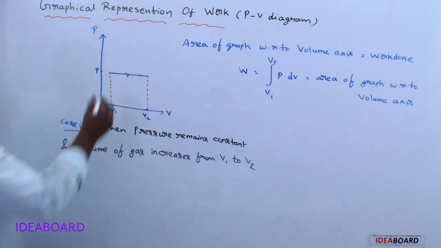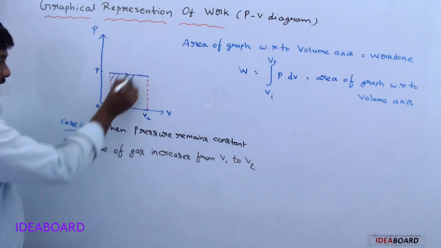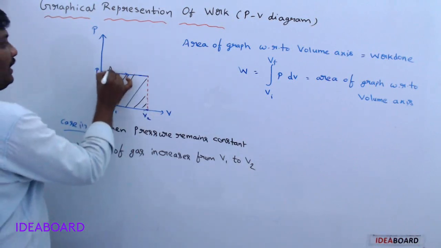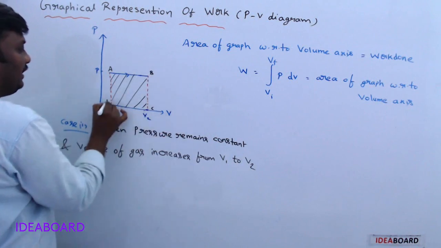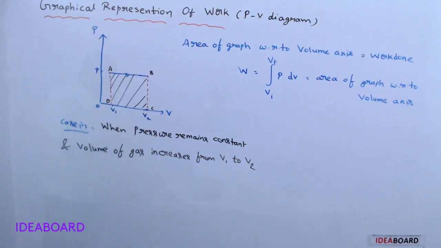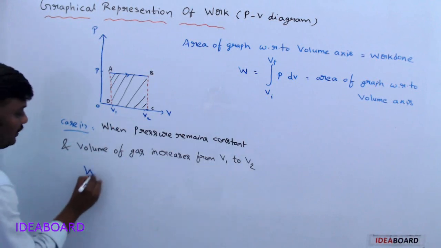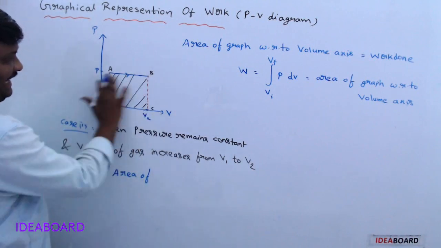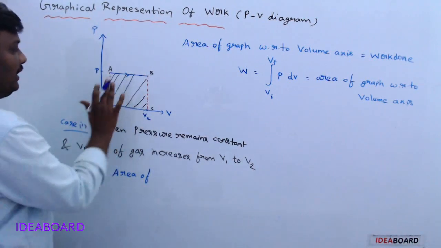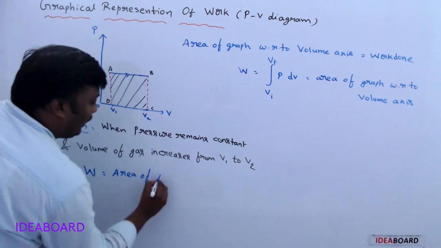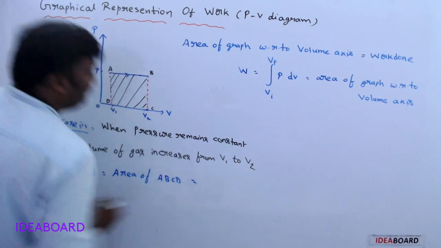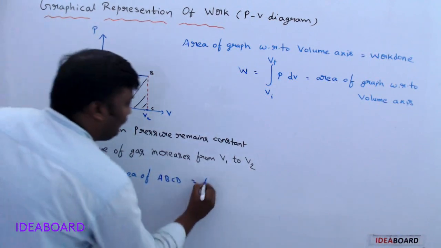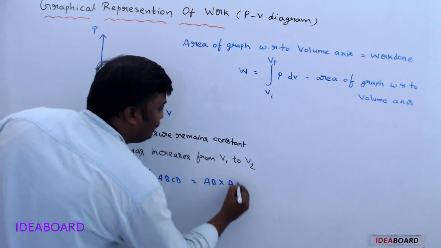This bounded area is called the work done. Let it be named A, B, C, D. Now work done is equal to the area of ABCD, which is a rectangle. Area is length into breadth, AB into AD.